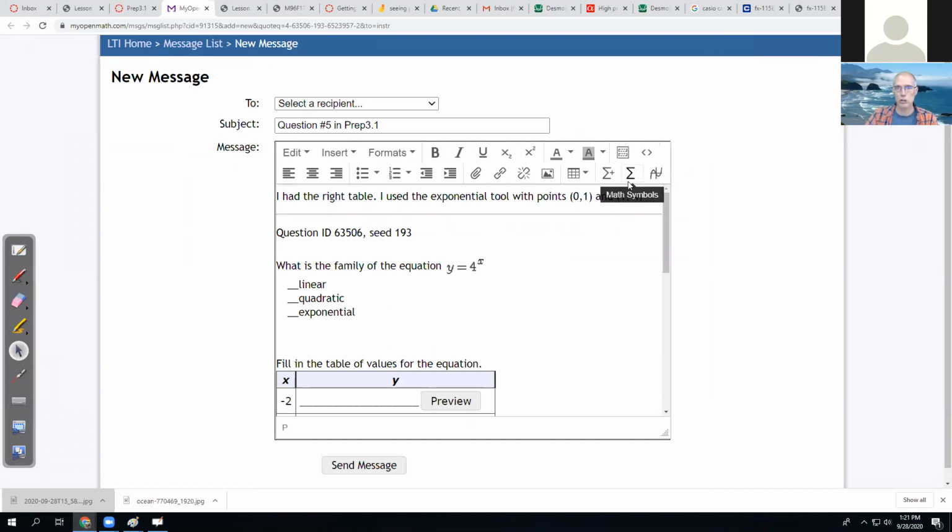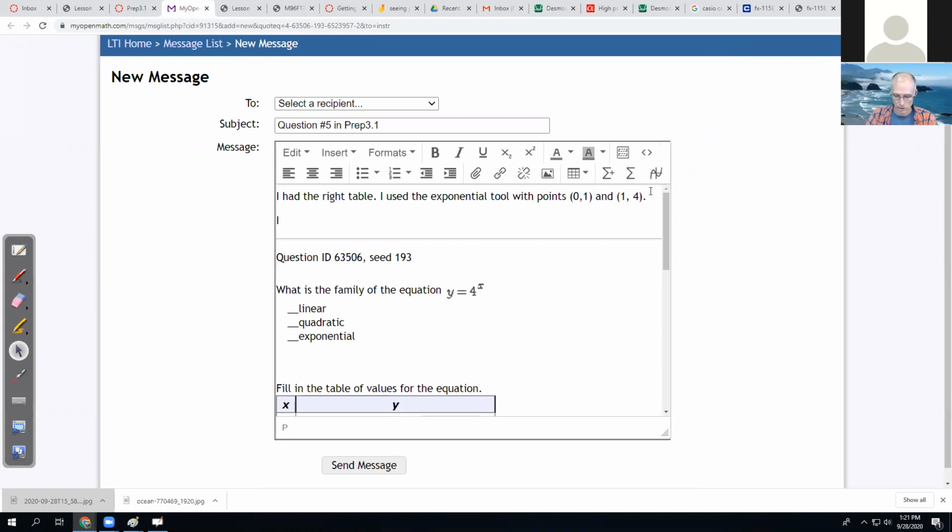So give me some kind of descriptive message. It looked right to me, but not to the computer. So be as descriptive as you can so I can help you out better. Otherwise, I have to write back and say, I don't quite get what you're telling me here.